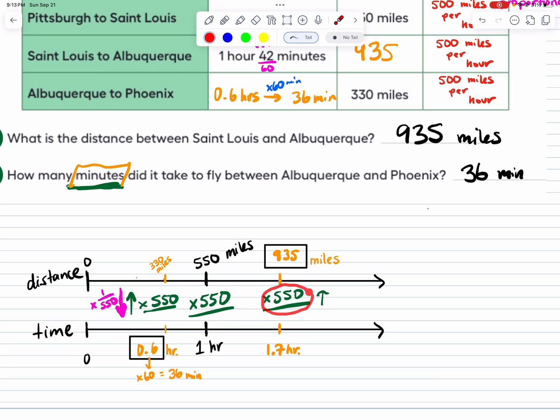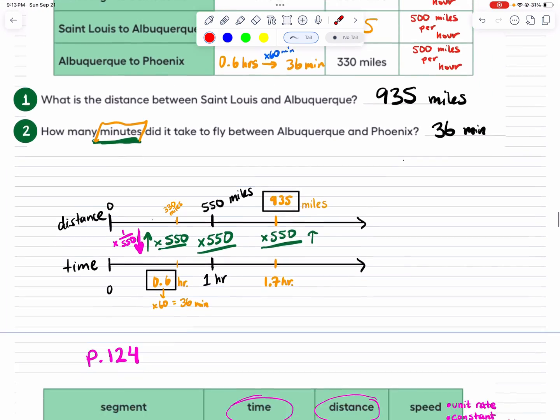So 1.7 times 550, the unit rate or the constant of proportionality, is 935. Same thing with this and this, because they are all equivalent ratios. Equivalent ratios, yes.